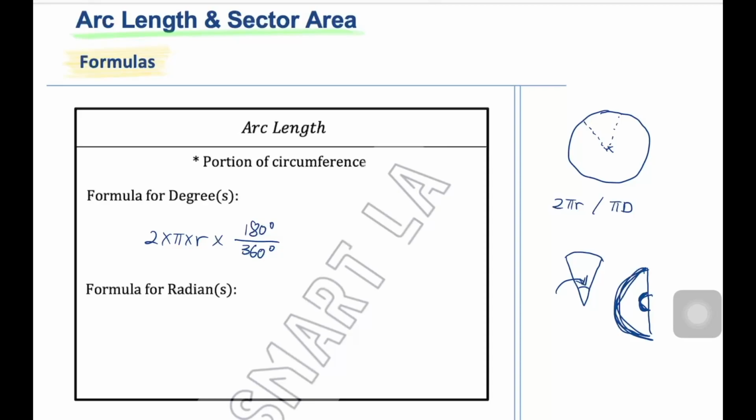Now, if I know that this angle is, let's say, 60 degrees, what I can do is put 60 over here, and using this formula, I would be able to find the arc length of this pizza slice, the arc length of this sector. All right. So in case you're wondering what I mean by this sector, you can visualize pizza slices as sectors. So let's use a different color.